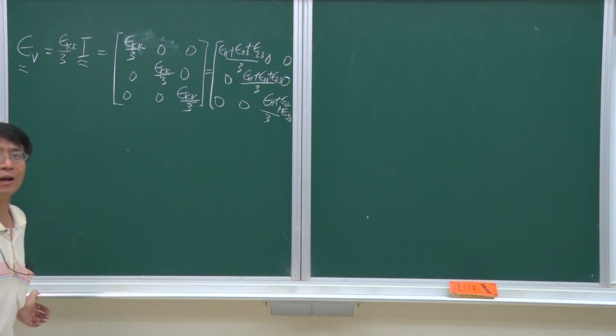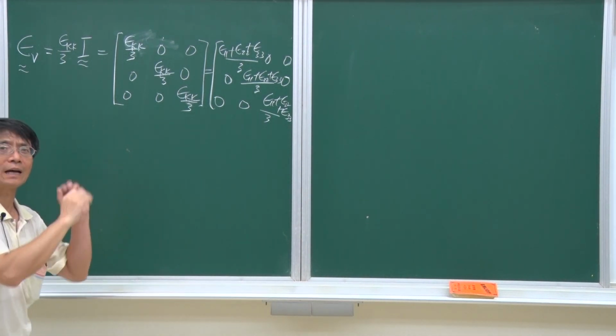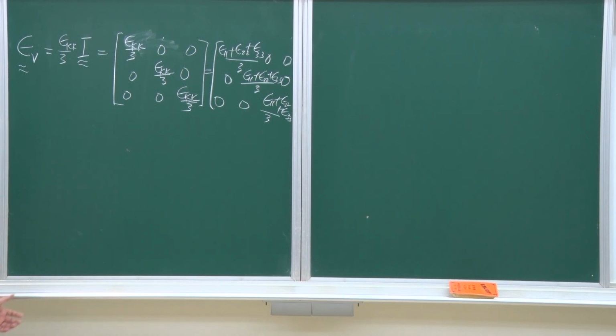You understand what I'm doing now, even though it is a little bit ugly. So we have a 3 by 3 matrix, and it can represent the volume.